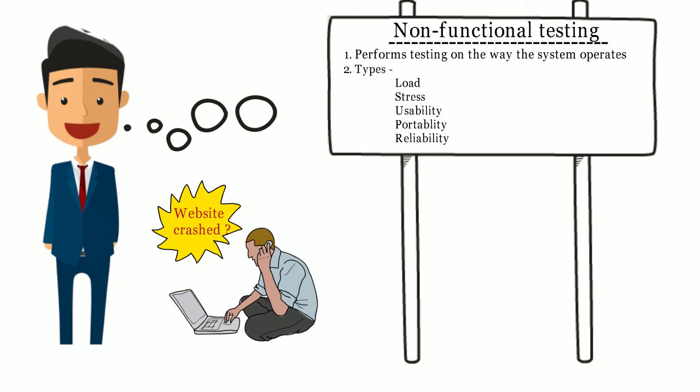For example, moving software from Windows 8 to Windows 10, or from one OS to another OS. Okay, the last one is reliability testing. A test is considered reliable if we get the same result repeatedly. For example, if a system is running without any issues 24 hours a day, then it can be called a reliable system.